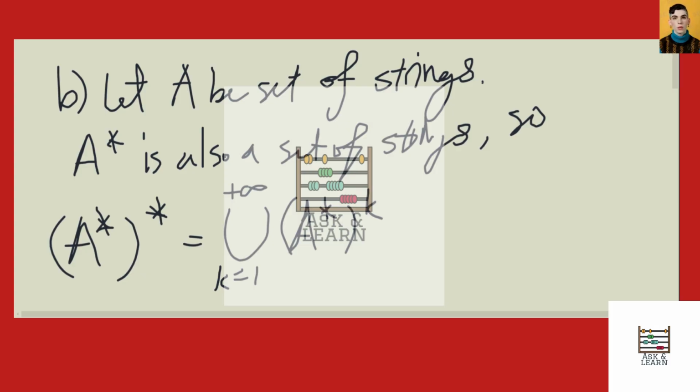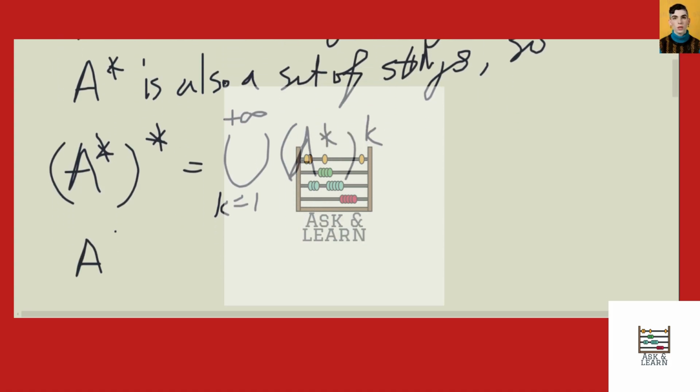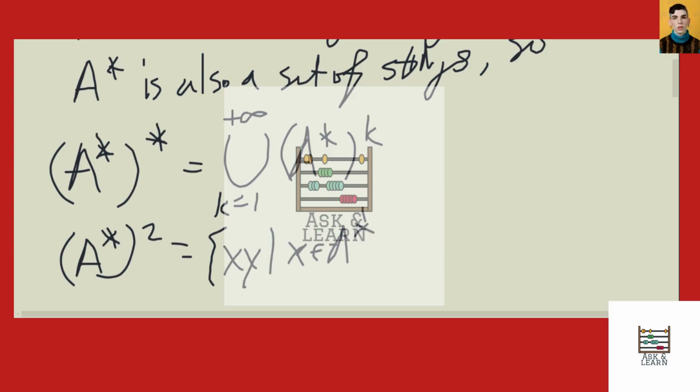Now, we have that A star squared is the concatenation of A star and A star, which contains all strings of the form xy, where x is a string in A star and y is a string in A star. So we have that A star squared is going to be the set of all strings xy such that x is in A star and y is in A star.